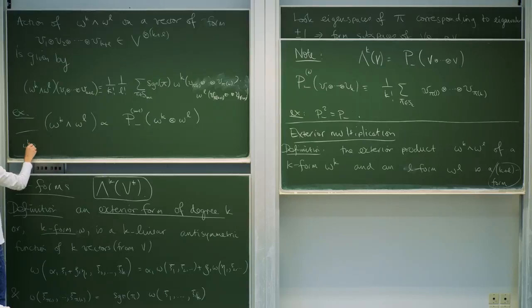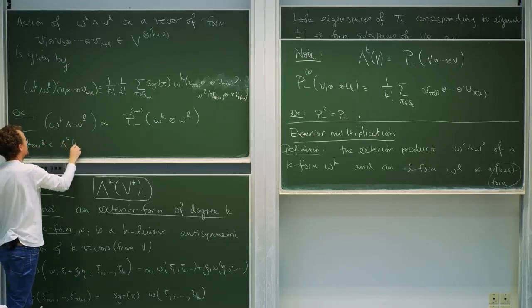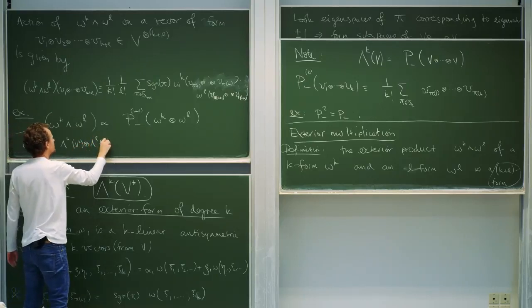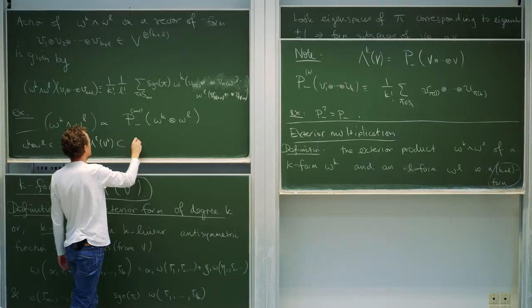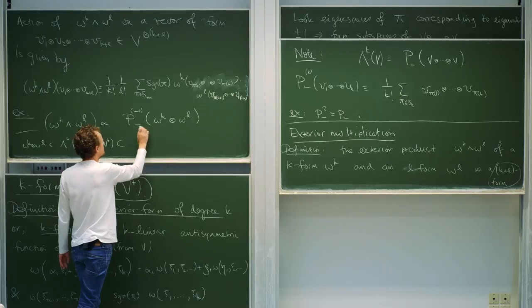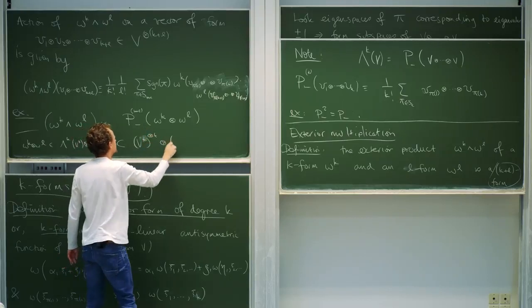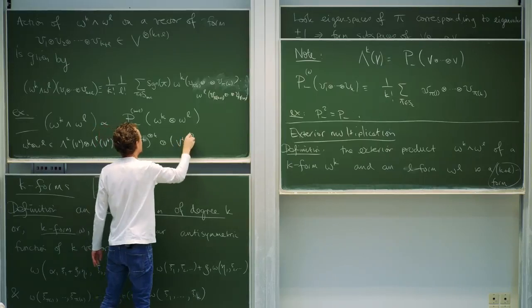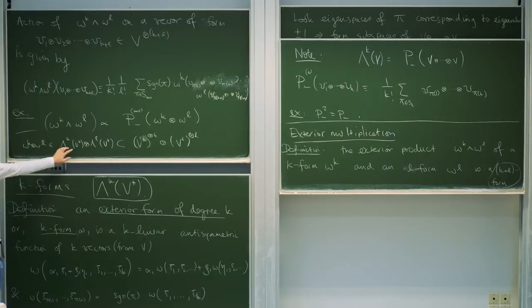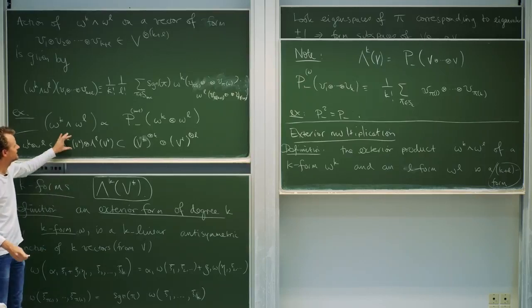So omega k tensor omega L is an element of omega k V star tensor omega L V star, that's a subspace of V star tensor k tensor V star tensor L, right? But this subspace here doesn't intersect perfectly.